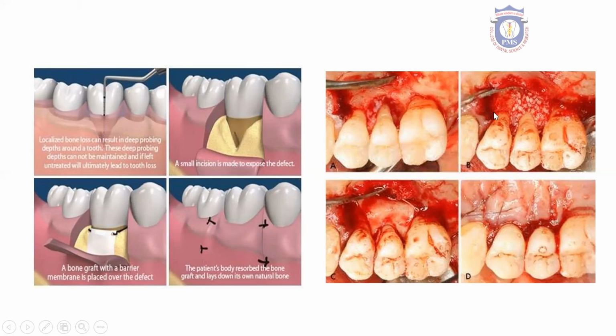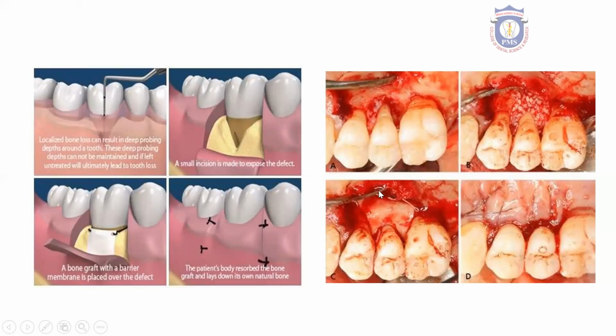In this particular case, they have used bone graft along with a GTR membrane. After debridement of this osseous defect and thorough root planing, the defect is filled with bone graft, and then accordingly the GTR membrane is trimmed and kept in position using a sling suture.